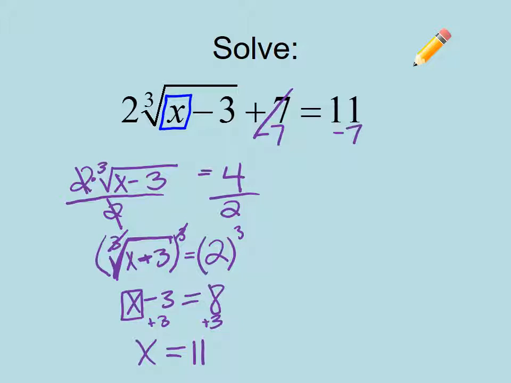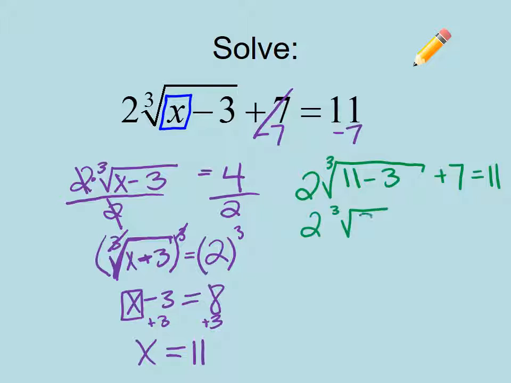Now we want to check our answer. So we want to take this equation, but instead of x, we want to plug in 11. So let's take a look. 11 minus 3 gives me 8. Cubed root of 8 is 2.